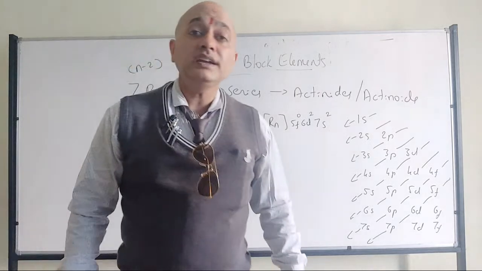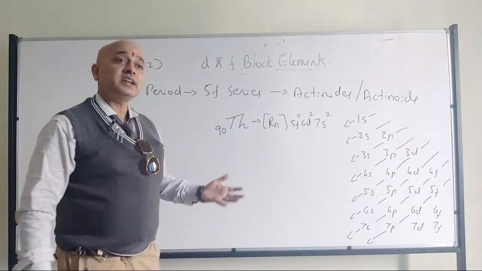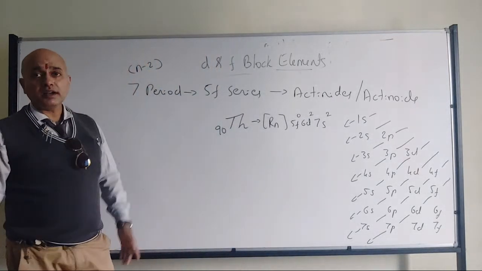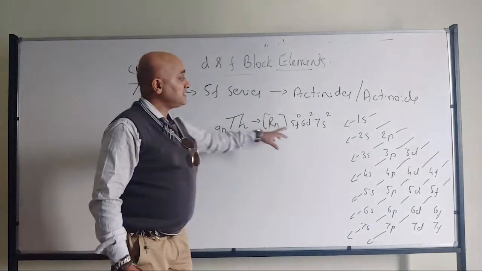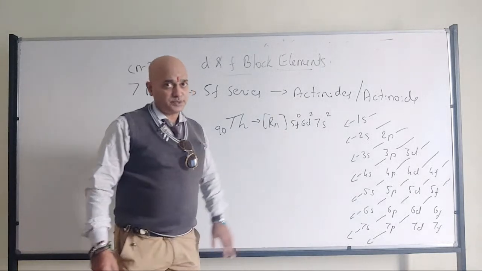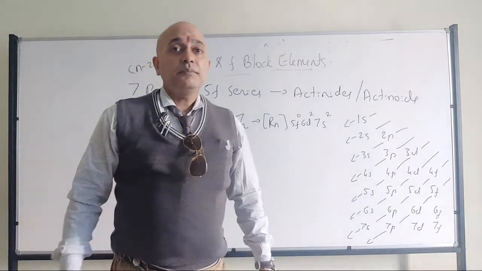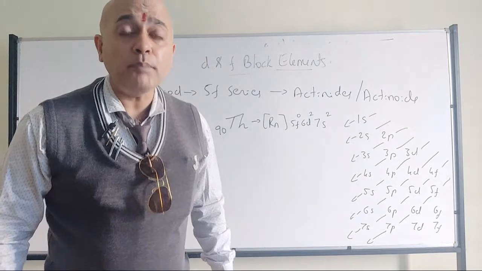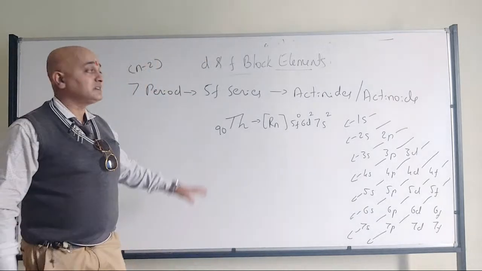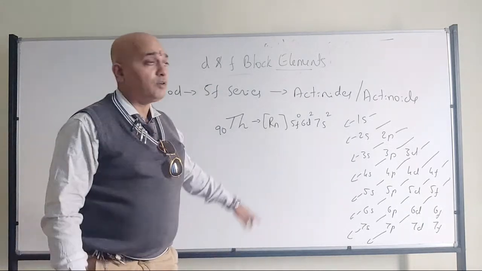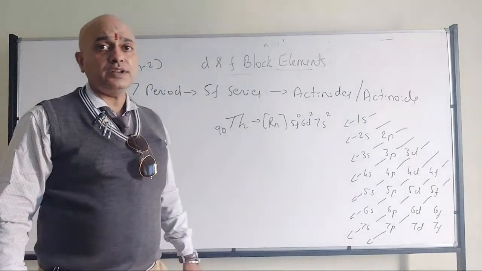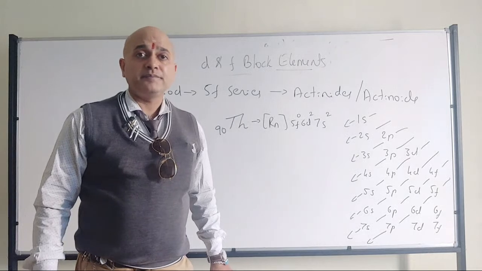Now the question is, why is it included in the f block? That is because they show many of the properties shown by the other f block elements. Therefore, thorium has been included in the f block.